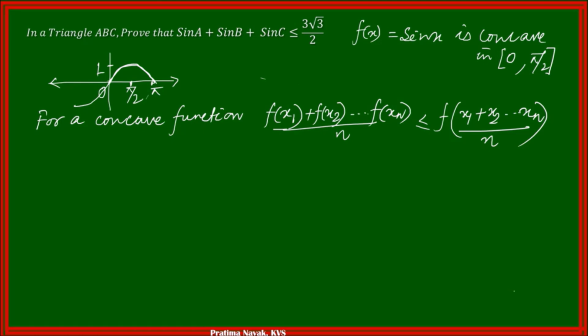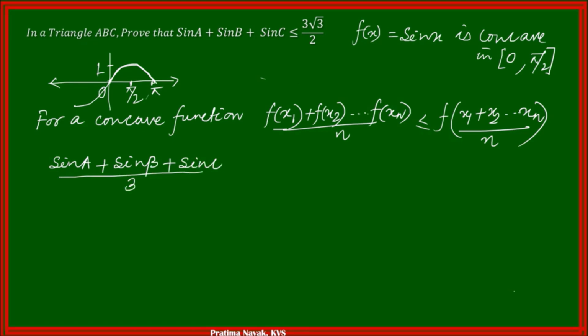So putting this, f(x1) means, I'm taking 3 here. So sine of A plus sine of B plus sine of C whole divided by 3. There are 3 functions here.